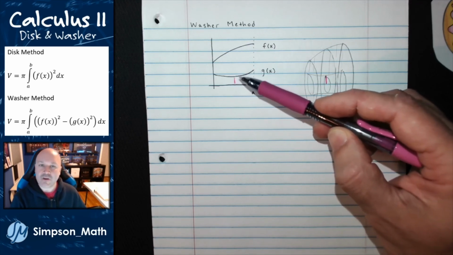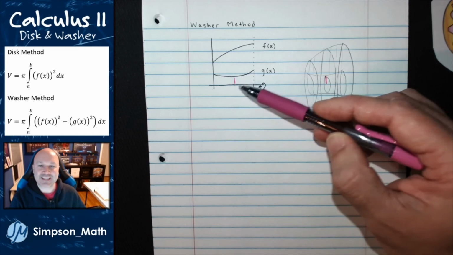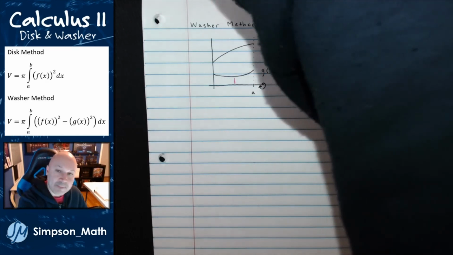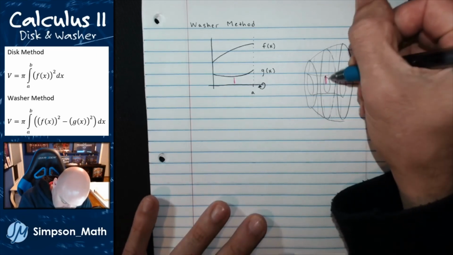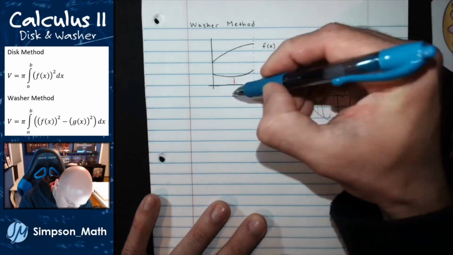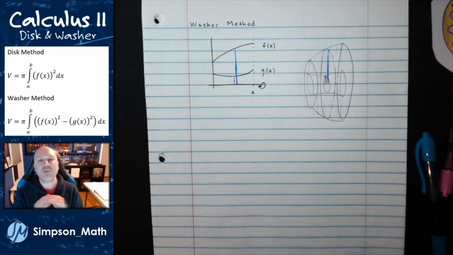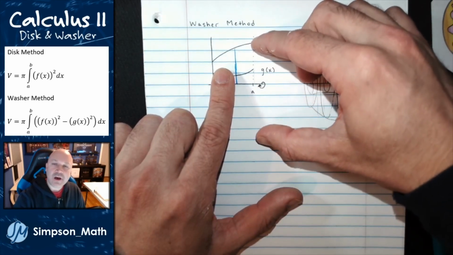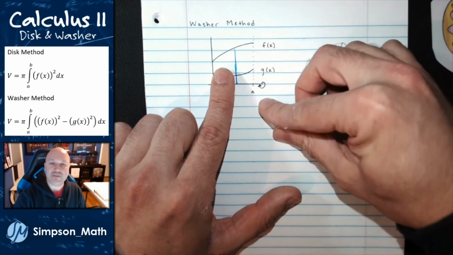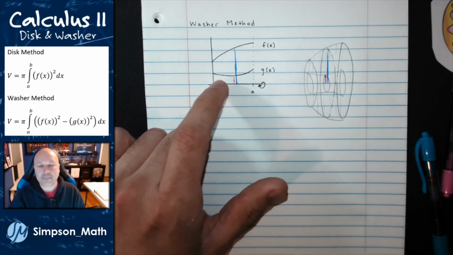Pink is the area under the g function and between the x-axis. Blue is the same thing but f. If I were to rotate only f, forgetting g, about the x-axis and use the disk method, that would calculate all of the volume under f. Pink would be just rotating the g.